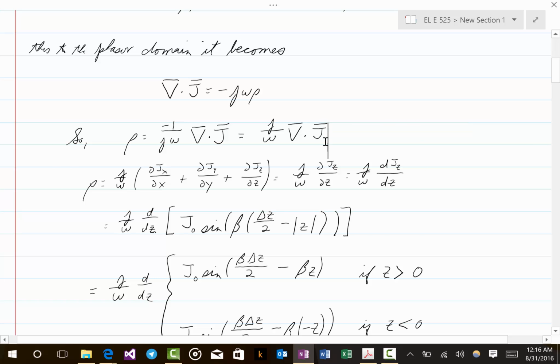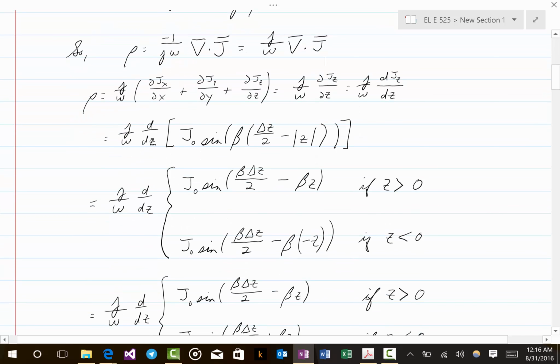Now remember the formula for the divergence of a vector is partial jx partial x plus partial jy partial y plus partial jz partial z. This is the formula for the divergence of J in Cartesian coordinates. So rho is equal to j over omega times that quantity.